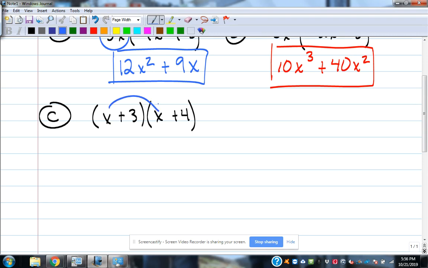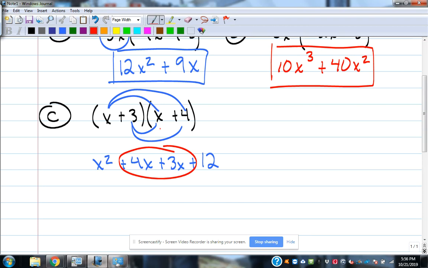So x times x is x squared, x times 4 is 4x. Then distribute the 3. Positive 3 times x is positive 3x. Positive 3 times 4 is positive 12. And then you're going to simplify the middle terms, which are like terms because they're both just plain x's.